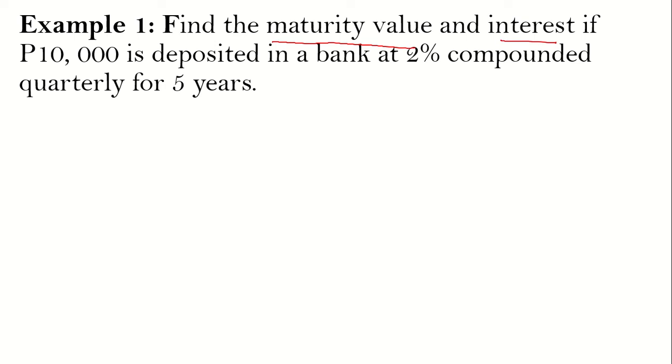The maturity value is F. And the interest is the I. If 10,000, this is the principal or the principal amount. 2% is the i raised to m, which is equal to 2% or 0.02.